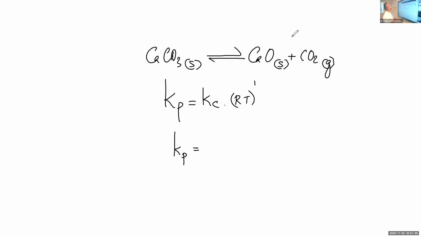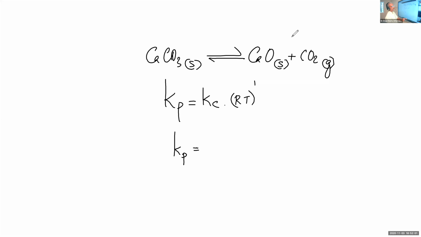Kp is the product of partial pressures of the products by partial pressures of the reactants. So, on the right hand side, the partial pressure of calcium oxide has no meaning, it is a solid.